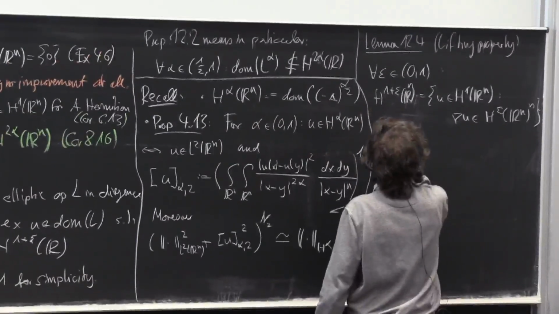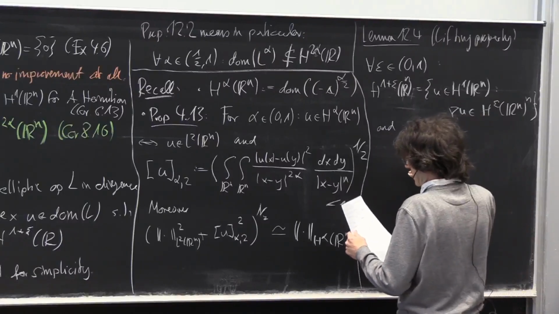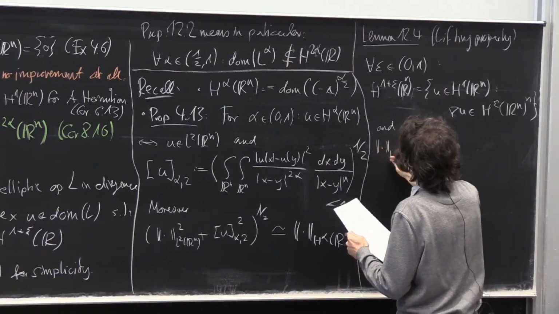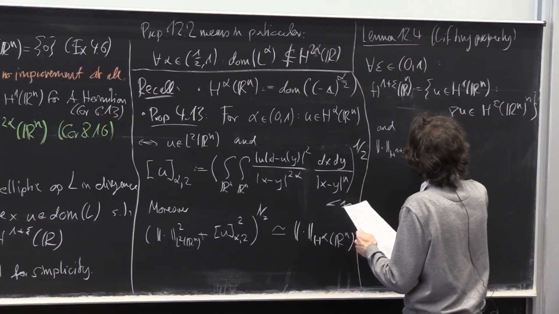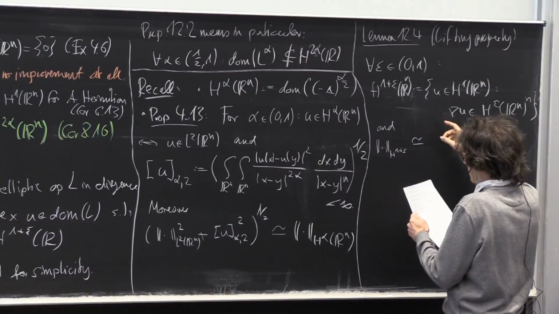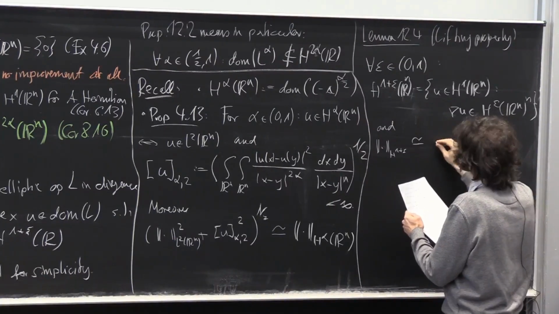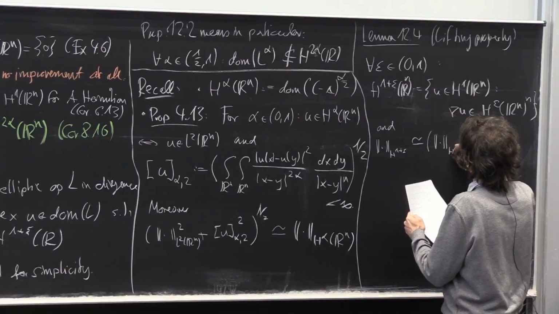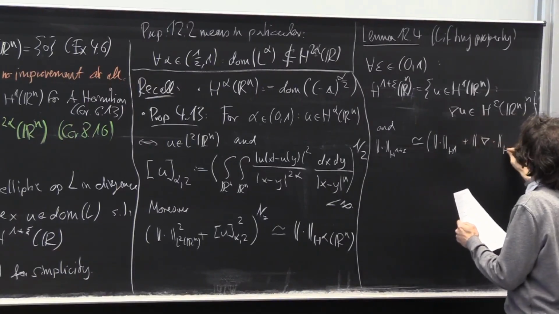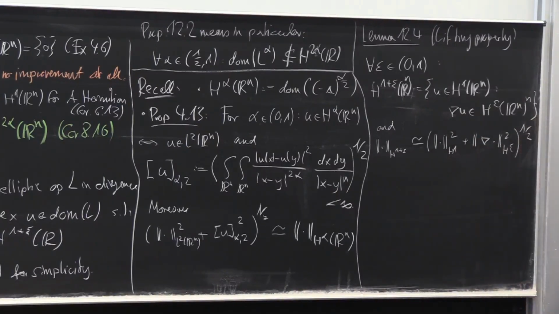And what in fact we will prove is also an equivalence of norms. So the norm on H1 plus epsilon is equivalent to the norm that you get by putting these two things together: the norm on H1 plus the H epsilon norm of the gradient, squared, to the 1/2.